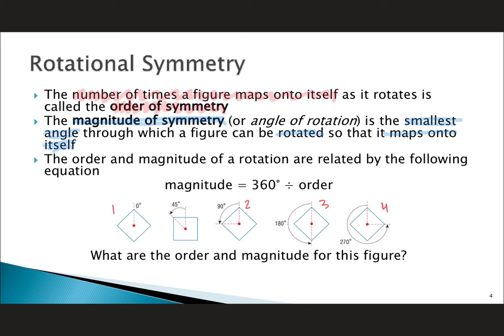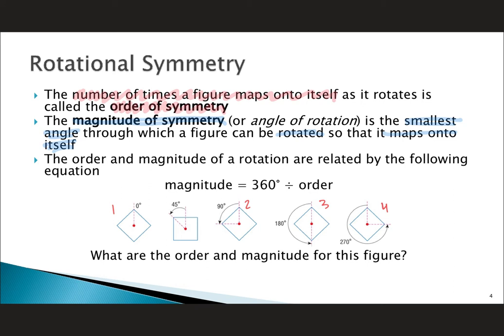So I can't just spin my figure however much I want. I can't spin it 20 degrees and say, there, it's rotational symmetry. I have to spin it to, at the very least, 90 degrees. 90 degrees is the exact smallest that I can go to for it to match the pre-image exactly.